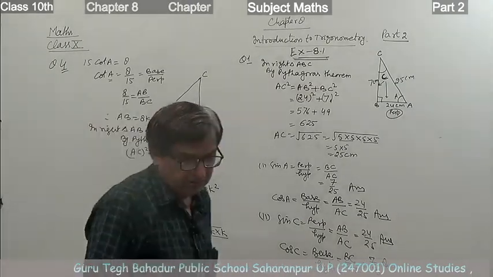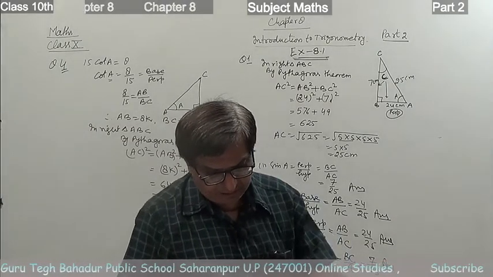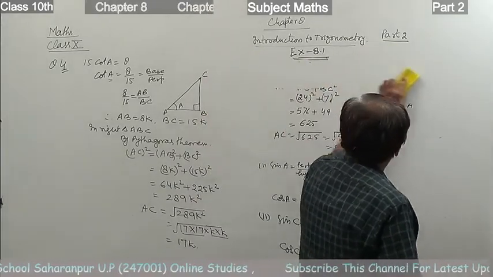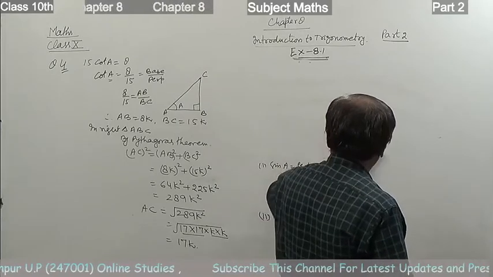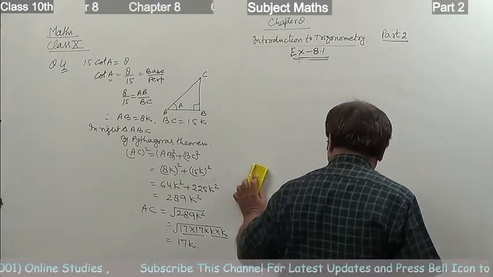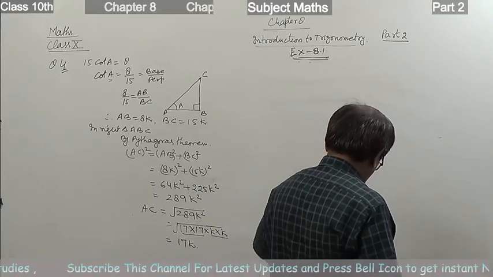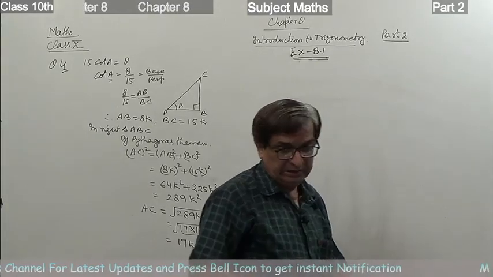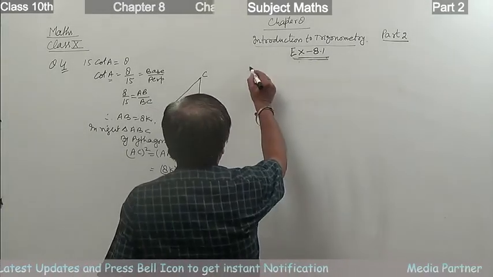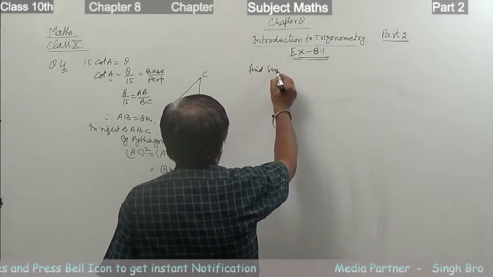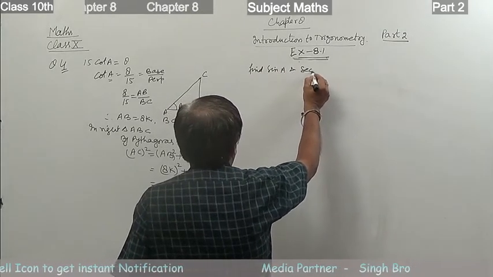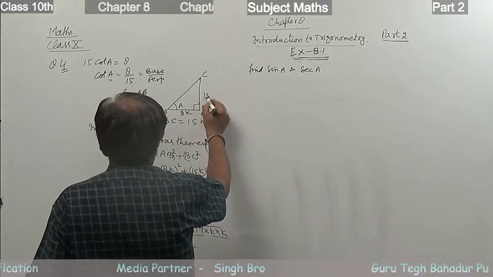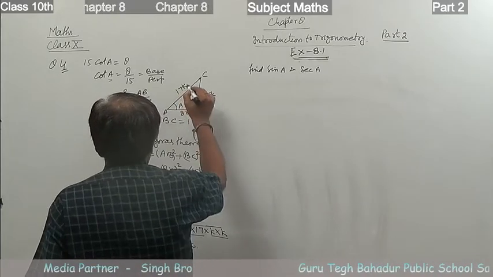Now find out sin A and sec A. Now you see it, it is 8K, it is 15K, it is 17K.